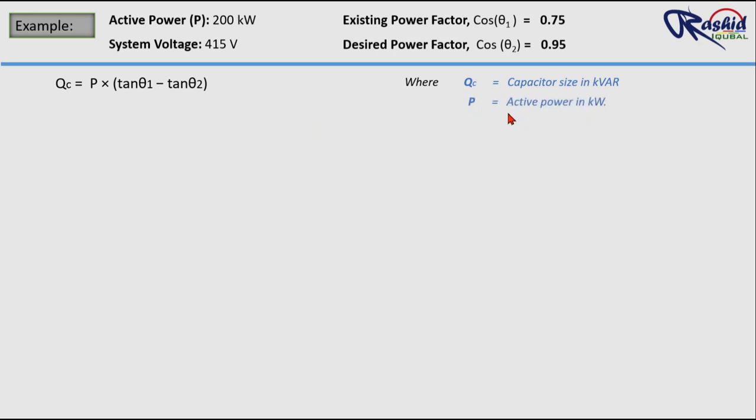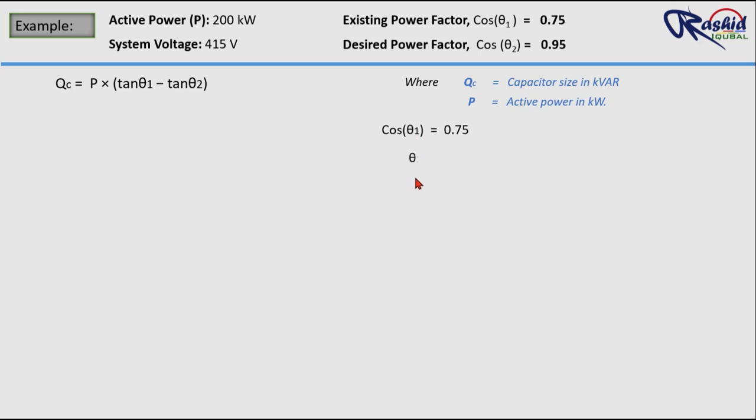So first we need to calculate the angle theta corresponding to the power factor. To substitute values in the formula, we first need to find the angles theta 1 and theta 2 to calculate the size of the capacitor. We know the existing power factor is 0.75, that is cos theta 1 equal to 0.75. Using trigonometry, we can find the value of theta 1.